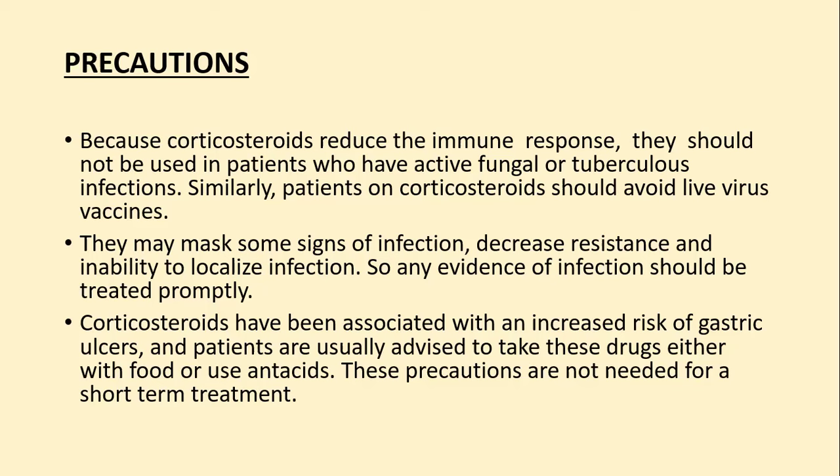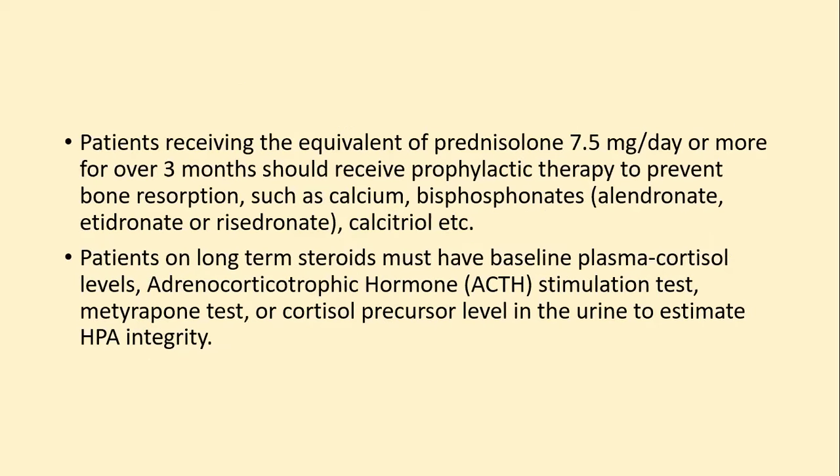Corticosteroids have been associated with increased risk of gastric ulcer, as mentioned before. Patients receiving the equivalent dose of prednisolone 7.5 mg a day or more over 3 months should receive prophylactic therapy to prevent bone resorption, such as calcium, bisphosphonates like alendronate, etidronate, and risedronate, and calcitriol.